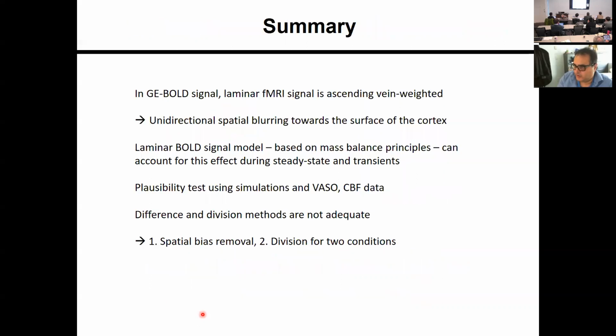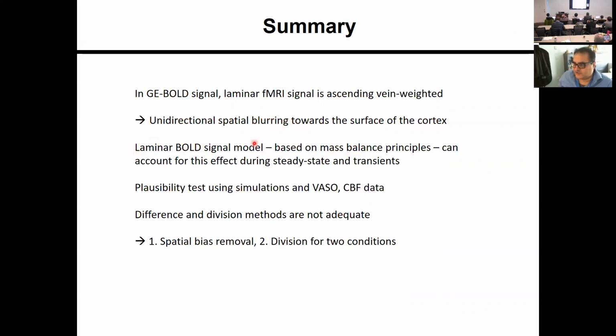To summarize this part, in gradient echo, the laminar fMRI signal is ascending vein weighted, which means we get unidirectional spatial blurring towards the surface of the cortex. Perhaps spatial blurring is not the right word, spatial bias.